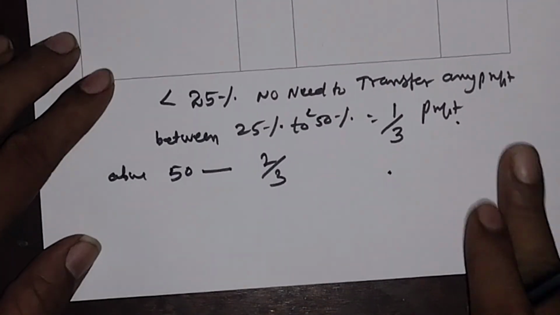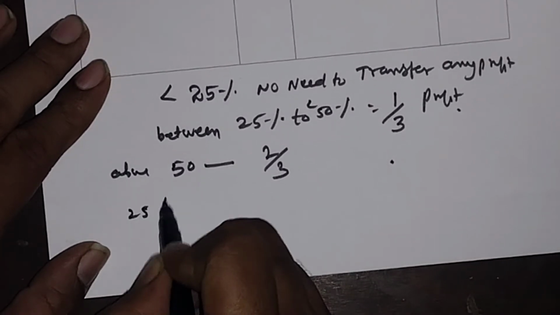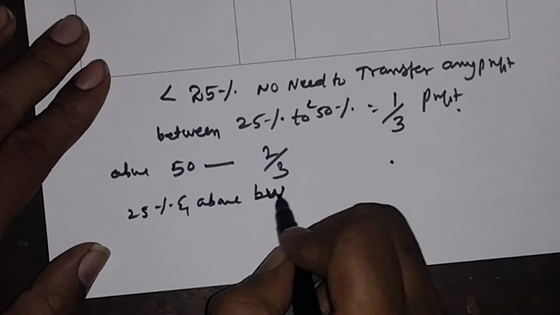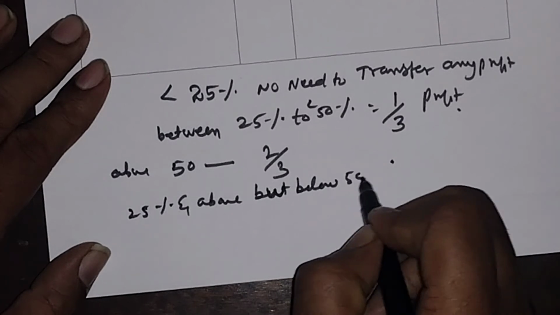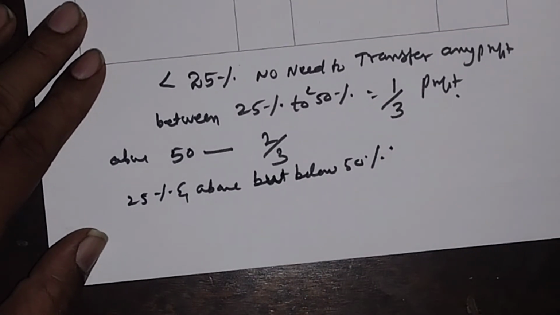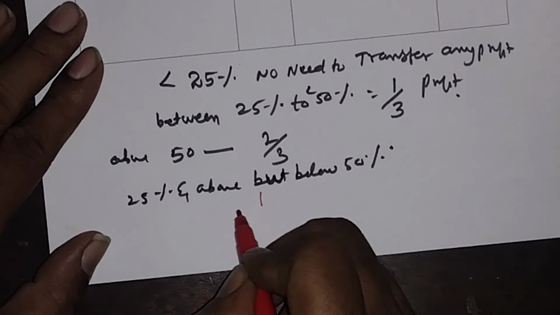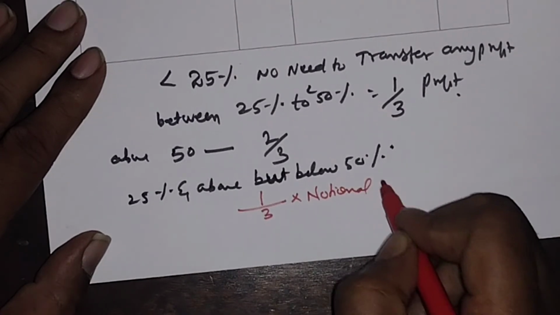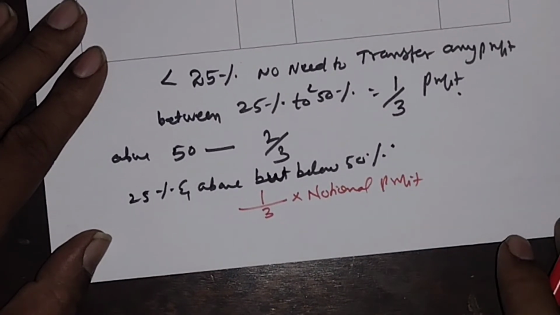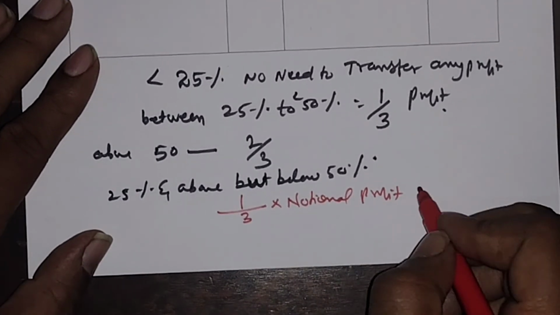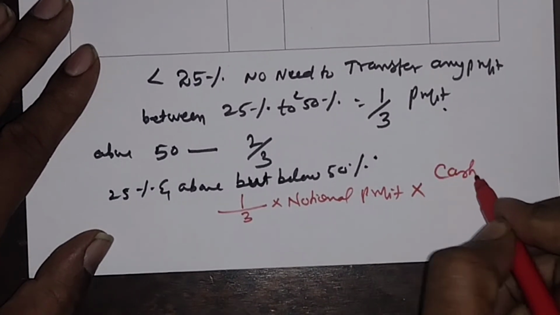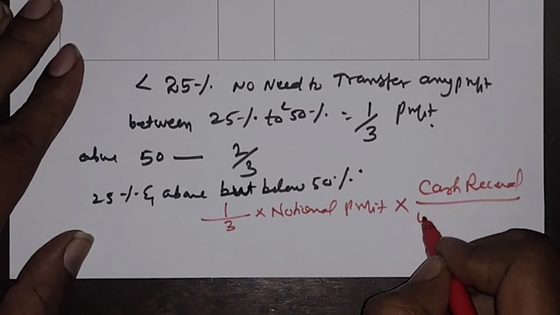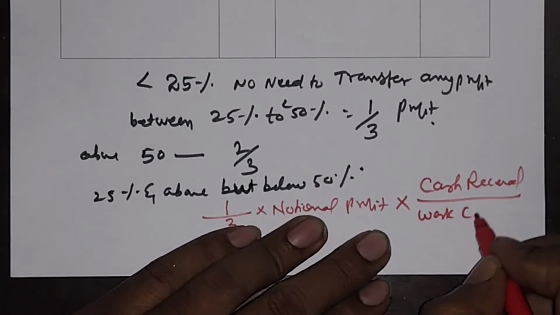Now for 25% and above but below 50%, what we have to do here is one-third of which profit? Notional profit. One-third of notional profit into cash received divided by work certified.